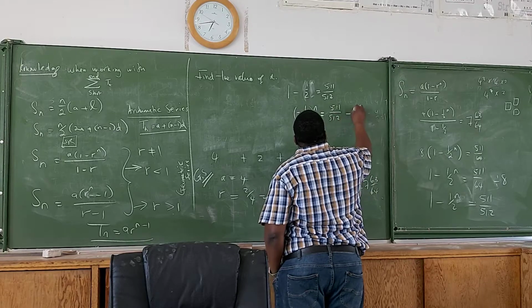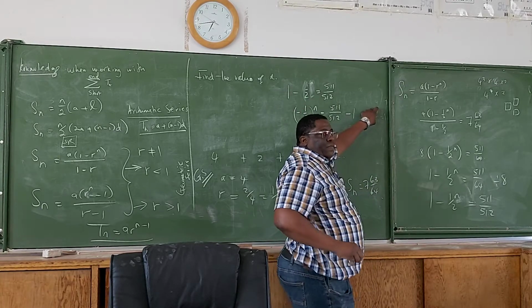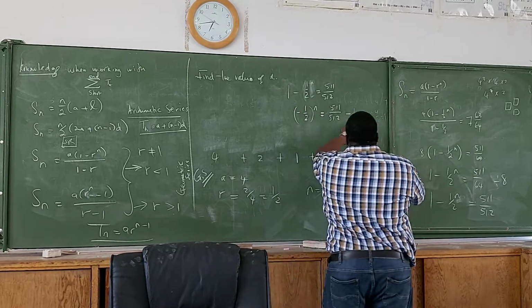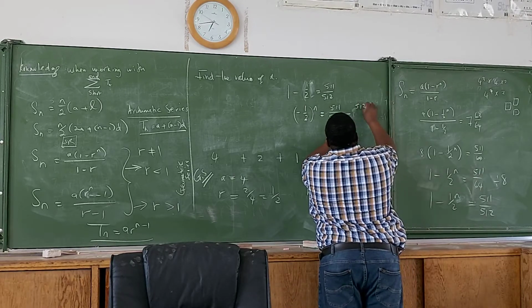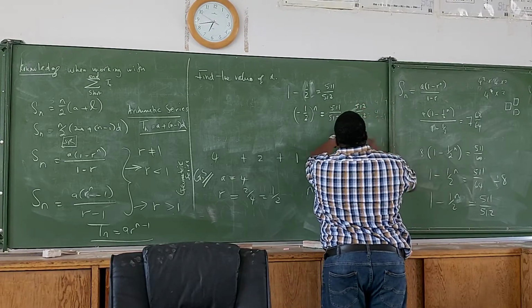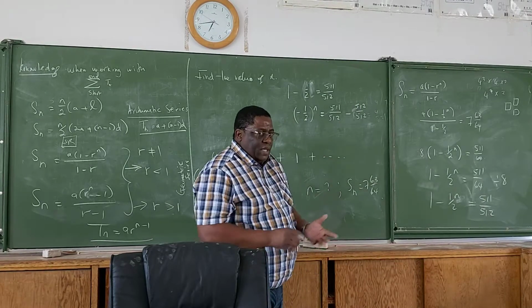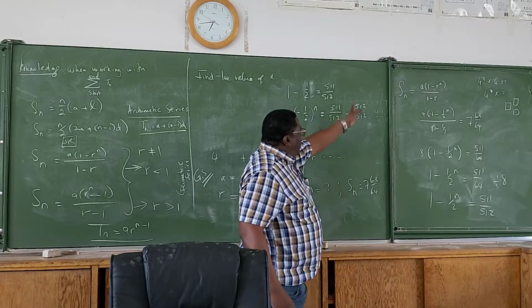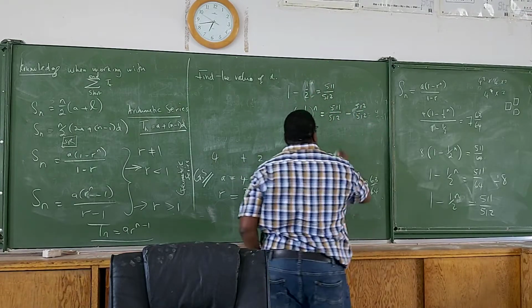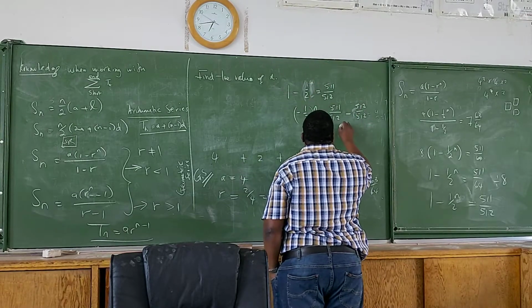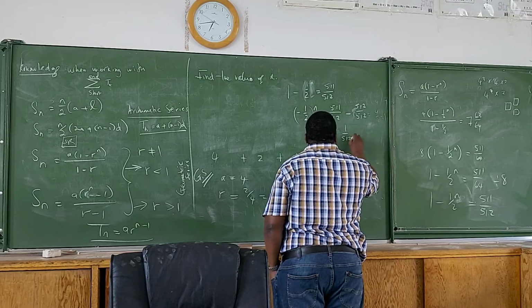Now it's minus 1 because you're taking that 1 over. But this 1 here can be written as nothing but 512 over 512 because it's 1. But you can use your calculator, you'll get the same answer. You're going to get minus 1 over 512.